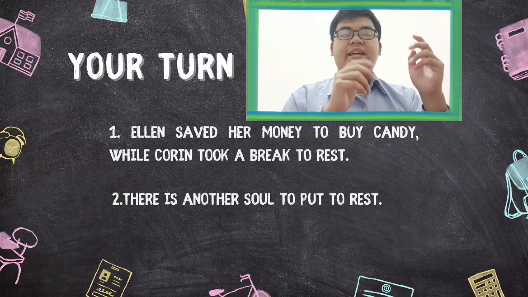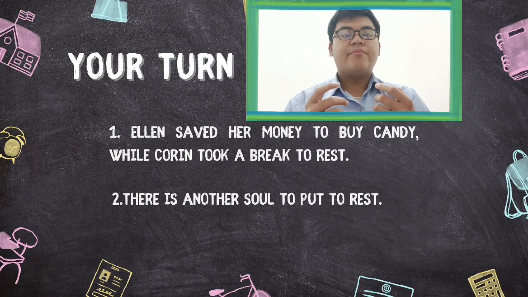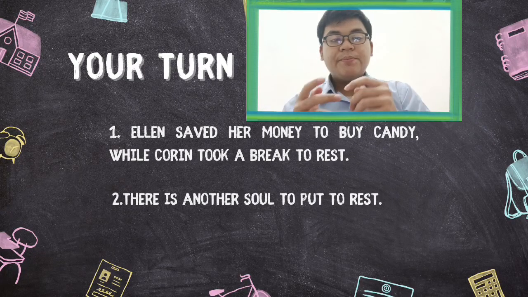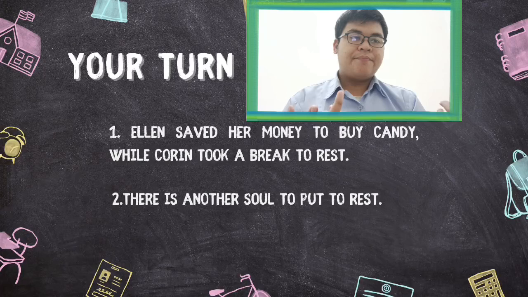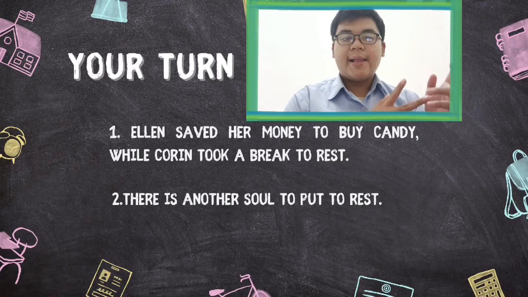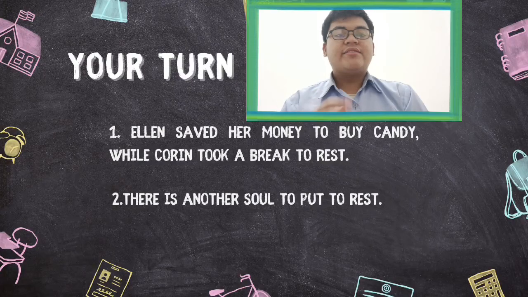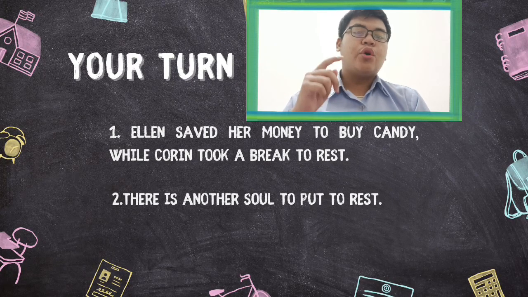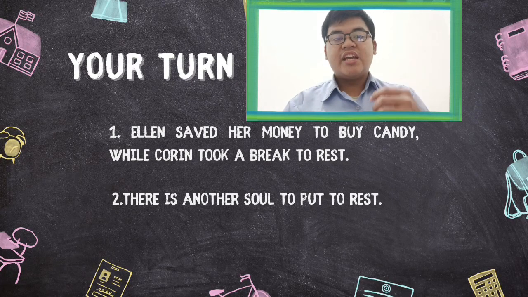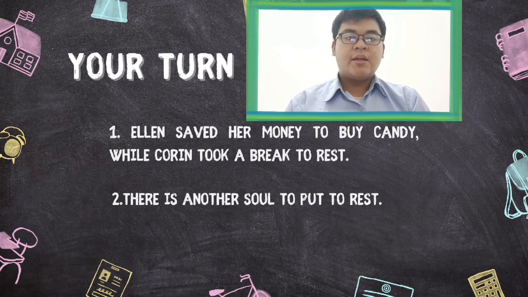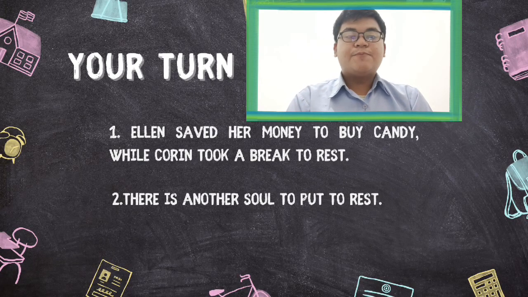The first verb is saved. Then the first to-infinitive is to buy. Linked by the conjunction while, the second subject is Corinne. Then the second verb is took. Then the second infinitive is to rest. That is for the first sentence.